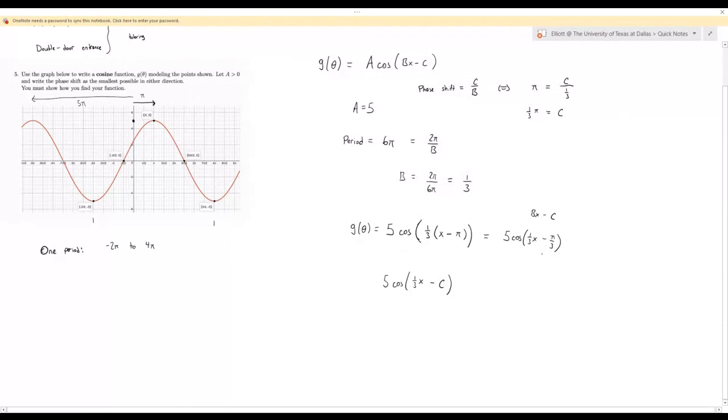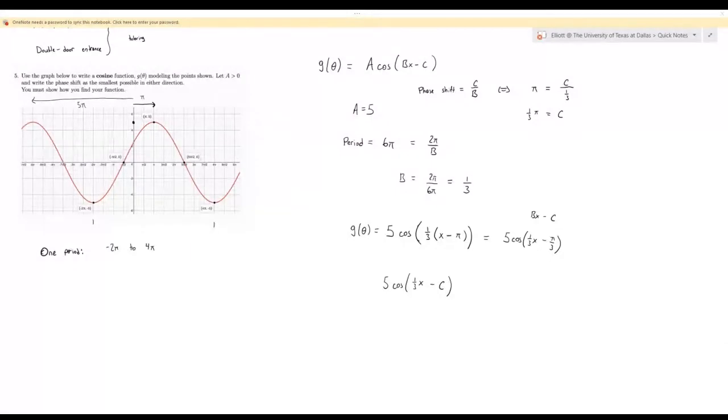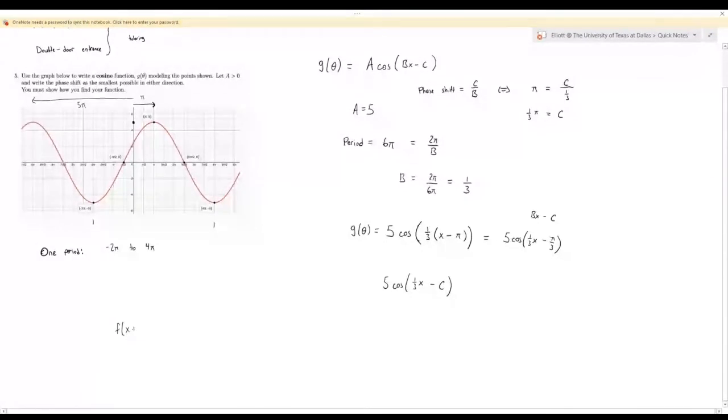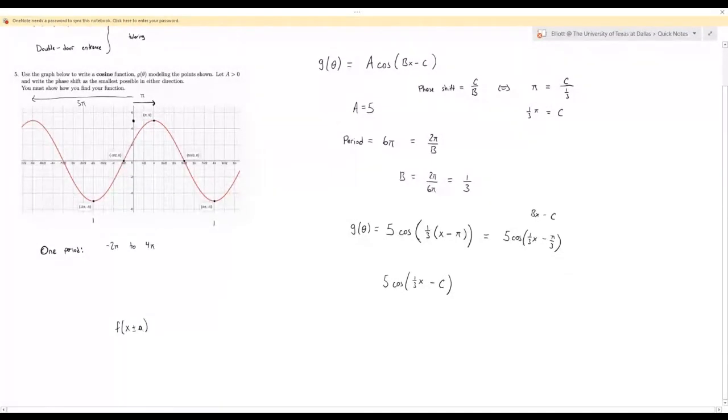But the reason why I did it this way is just that whenever you have a horizontal shift, horizontal shifts come from adding or subtracting some amount to x.